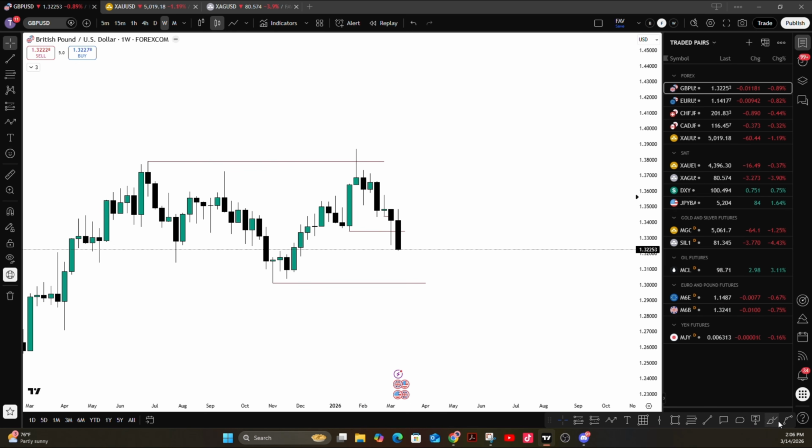So we either have a retracement lower, we either enter a consolidation into an expansion, or we have an expansion into an expansion. Either way, the price starts with expansion and ends with expansion.